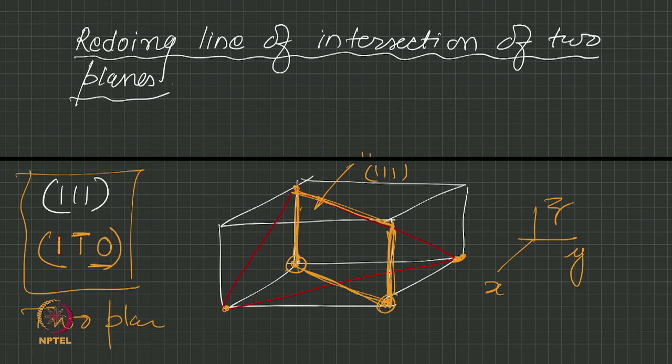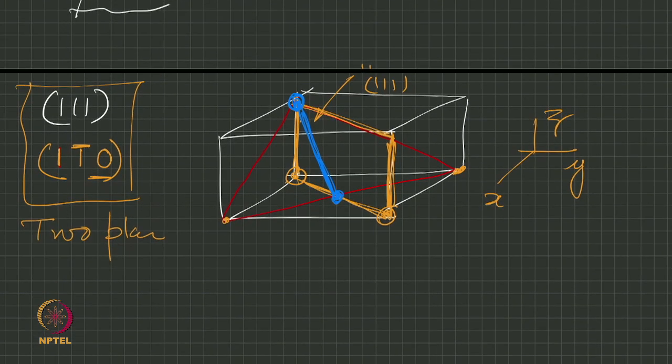So, these were the two planes, and by our drawing or construction, we saw that this is one common point, this is another common point. So, this was the line of intersection, and then we indexed it, choosing the origin here.